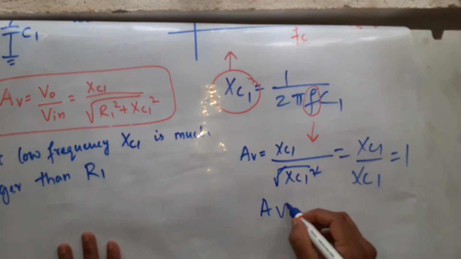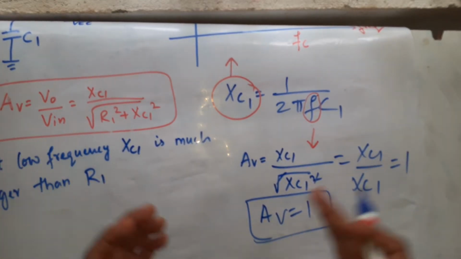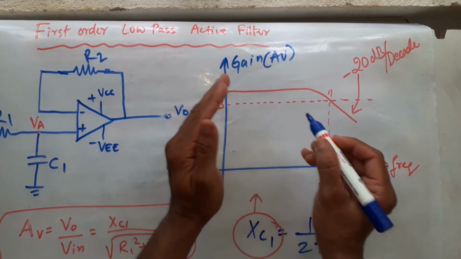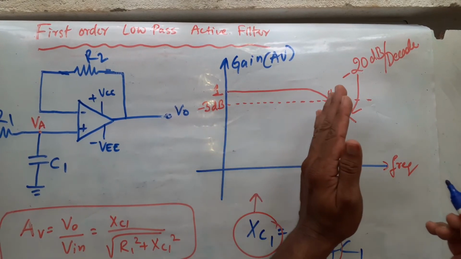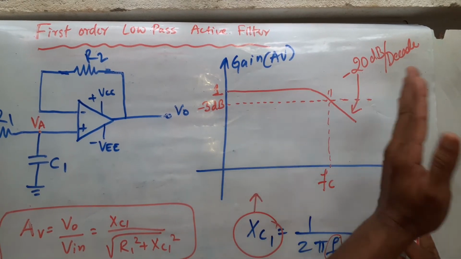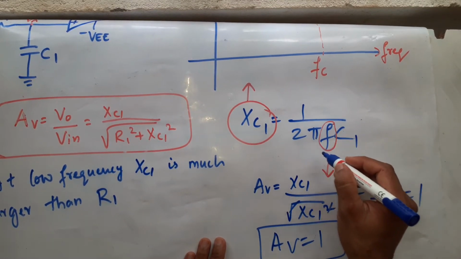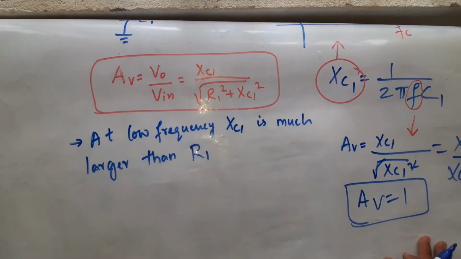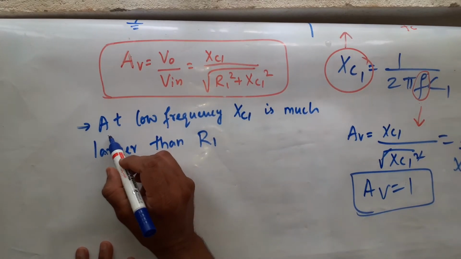We want AV to be equal to 1, then only your filter will be passing the lower frequency portion. When your gain is equal to 1, this portion of your frequency will be passed, will be allowed, will not be blocked by the filter. As your frequency goes on increasing, XC1 goes on decreasing, I will come to that sentence. But let me complete this part. Let me repeat this.